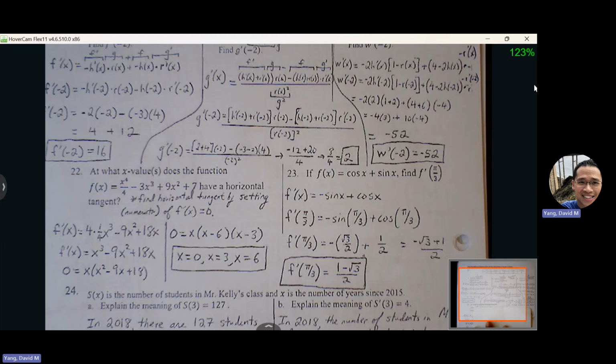Any questions up to 23? And 24 is just interpreting. And then 25, you're just doing slope, changing y over changing x.